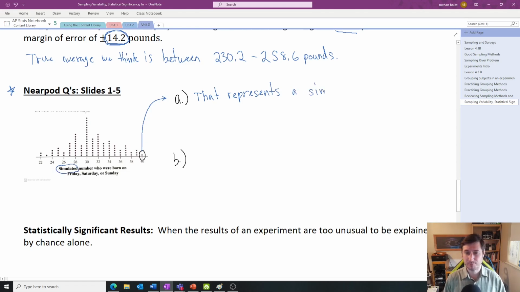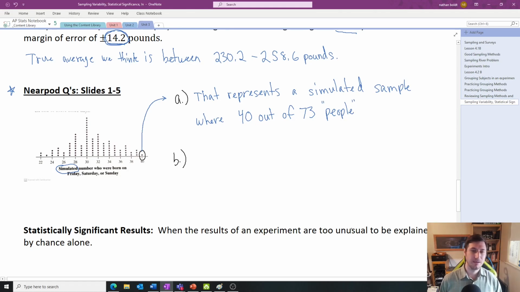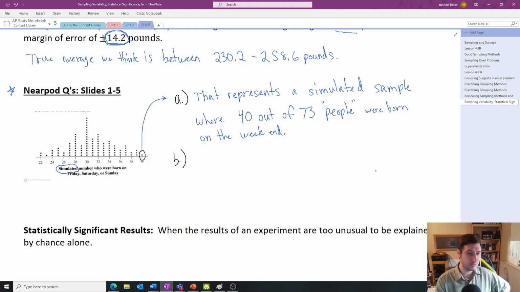A simulated sample where 40 out of, I think they were doing samples of 73, where 40 out of 73 people, I mean, it's a simulated sample, so I might put air quotes over people. 40 out of 73 people were born on the weekend. All right. That's what that number means. There was a sample where 40 people were born on the weekend in a sample of 73 people.